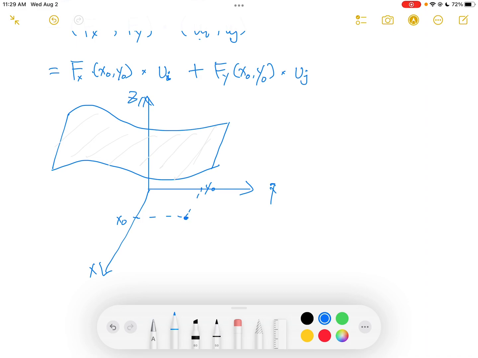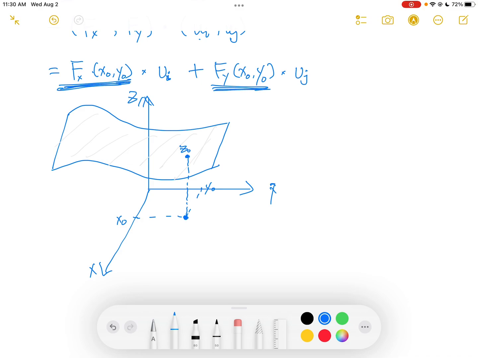That point corresponds to the z0 value on the surface. And at this point, the significance of f of x and f of y is saying that if we were to deviate from this point in any direction by a very small epsilon movement, z will change according to these partial derivatives.